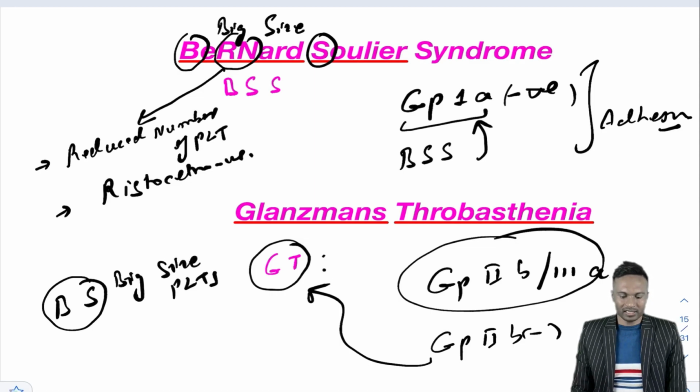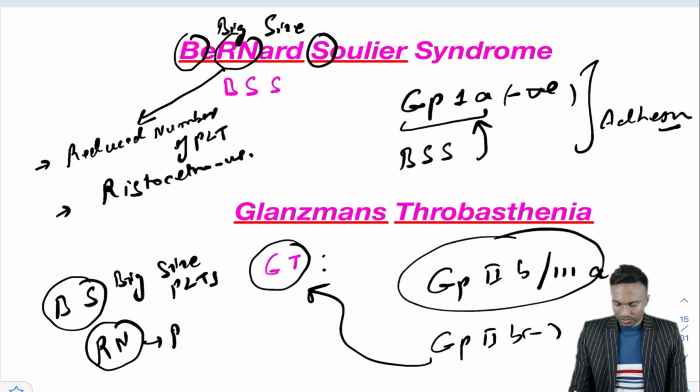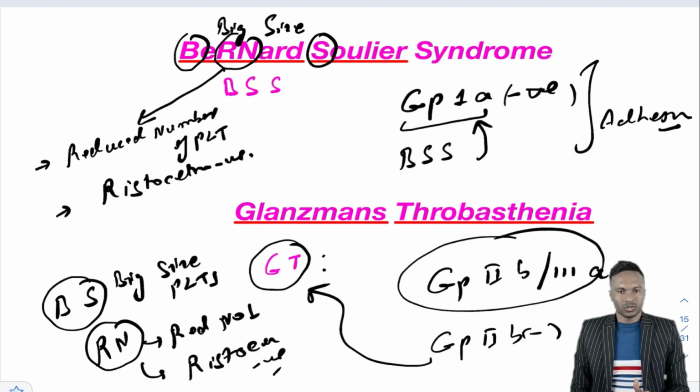And the second part is RN: reduced number of platelets, and ristocetin negative. So we have learned multiple aspects of Glanzmann's thrombasthenia, Bernard-Soulier syndrome, and von Willebrand disease.